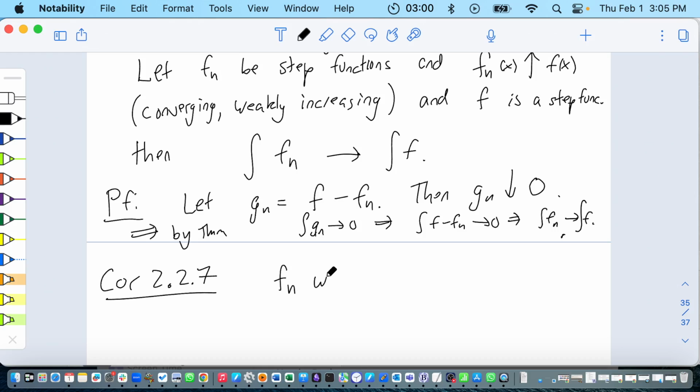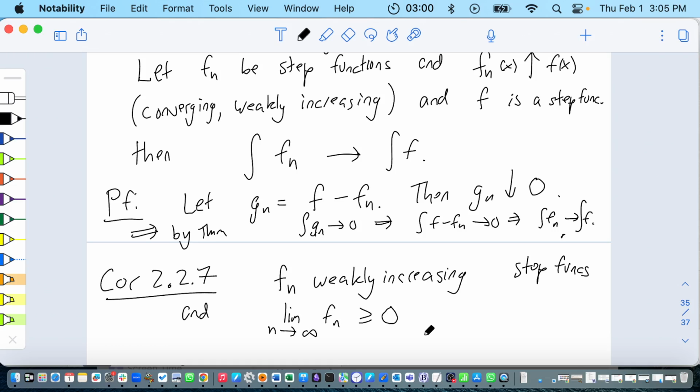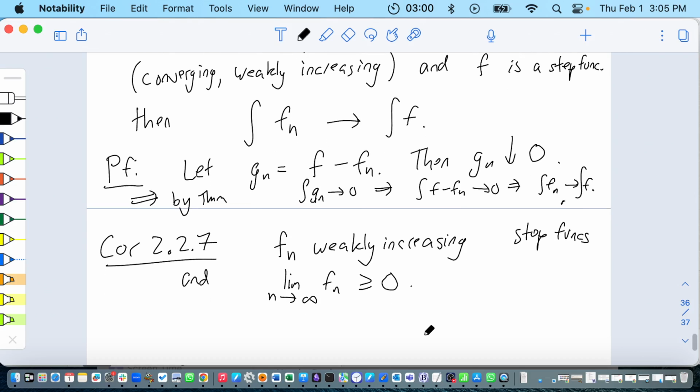Suppose the fn are weakly increasing step functions, and the limit as n goes to infinity of fn is greater than or equal to 0. So before I said the limit is some function f, now I'm just saying the limit is something that's bigger than 0.